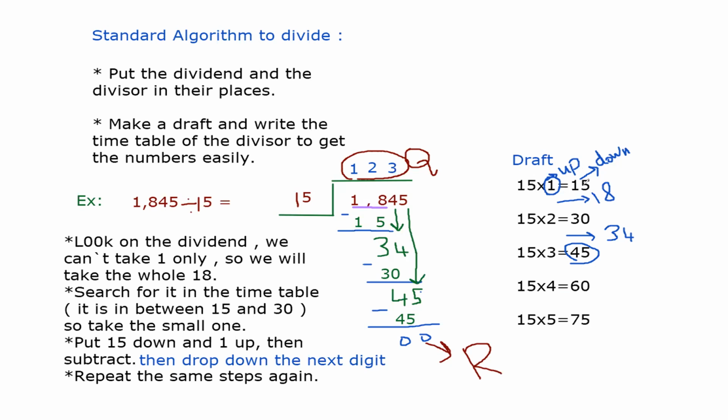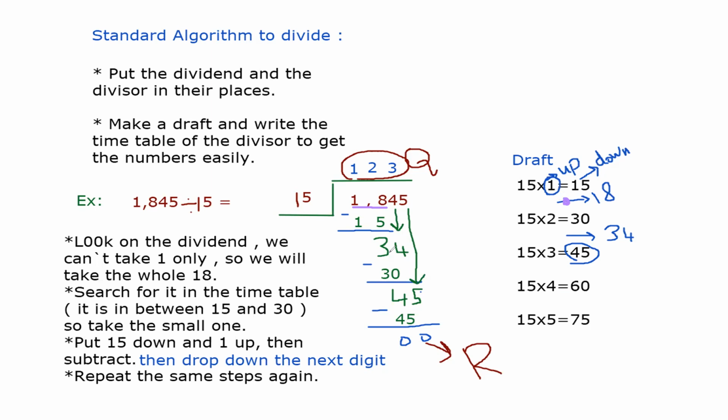We can't find it, but we can find that it's in between 15 and 30. So we are going to go to the upper one, the smaller one here. 1 will be up and take this 15 down and make subtraction.